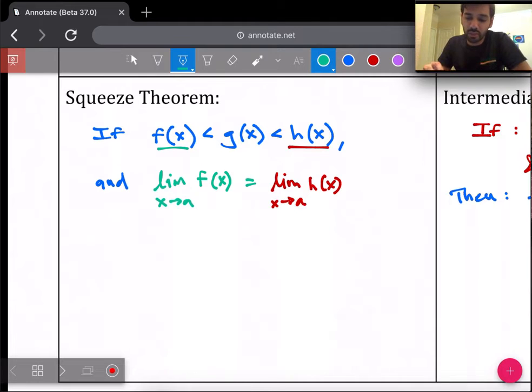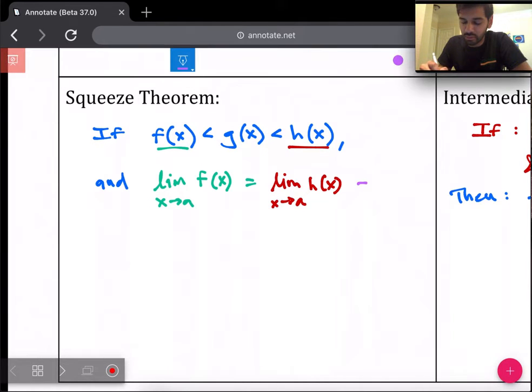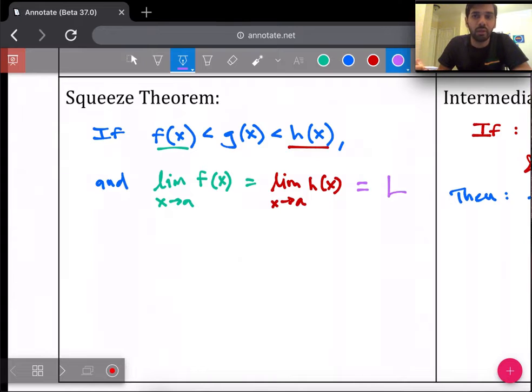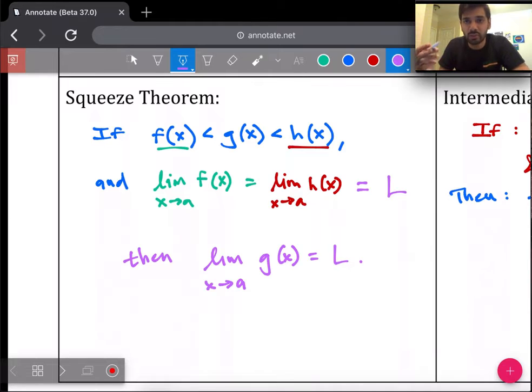If those two limits are equal to the same value, some number L, then we can conclude that the middle function also has the same limit at this point a. So then we know that the limit as x approaches the same number a of the middle function g of x is also equal to L.